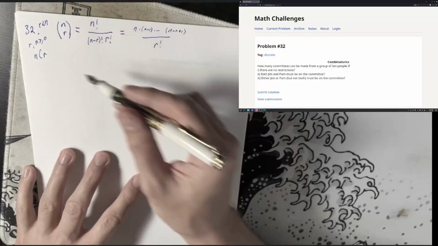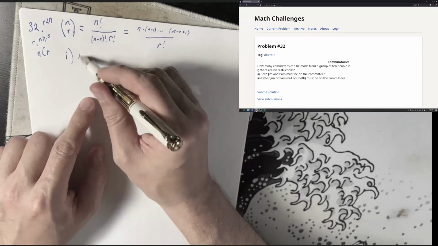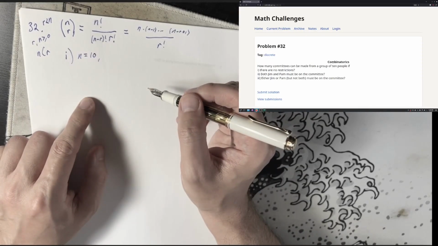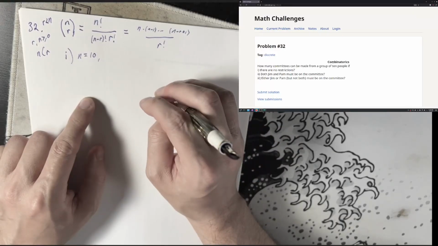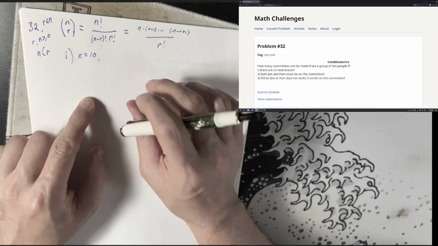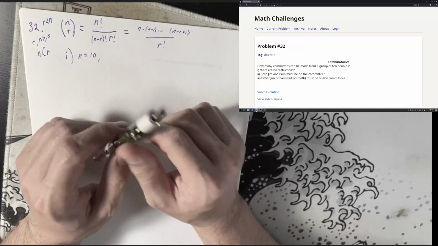So for part 1, there's no restrictions. You have 10 people. Here we're doing n equals 10. Probably should have read this better, huh? Yeah, I definitely meant to include a size.